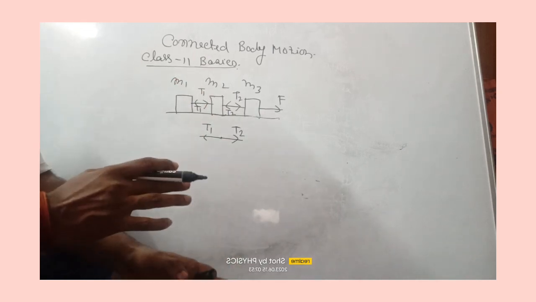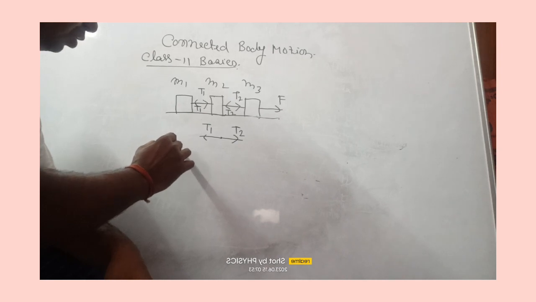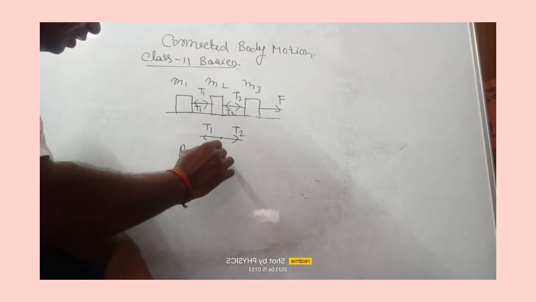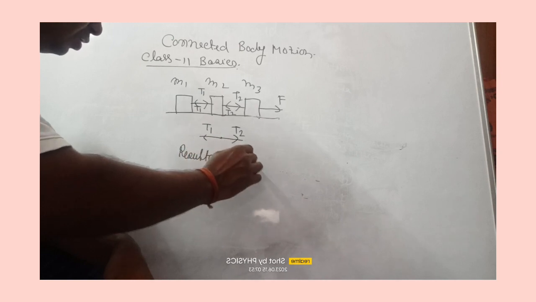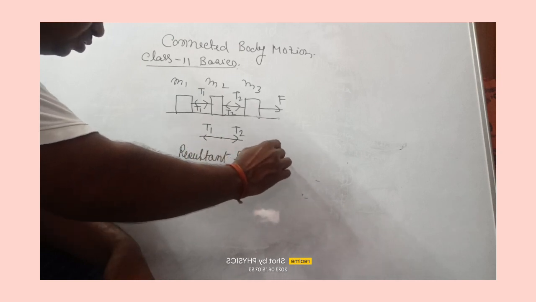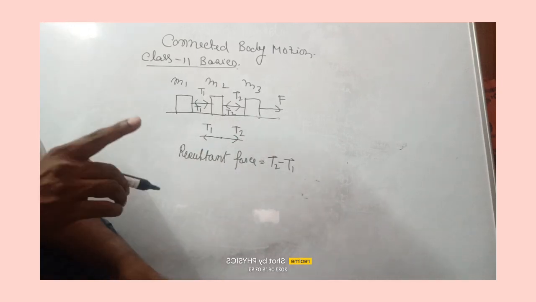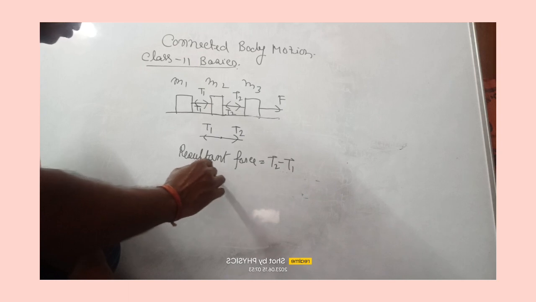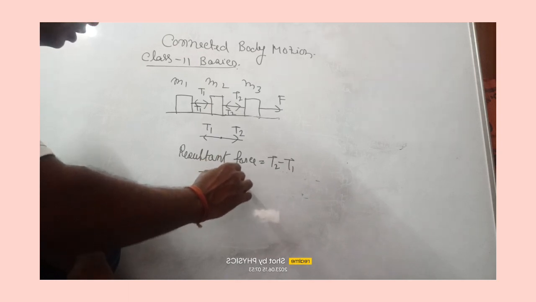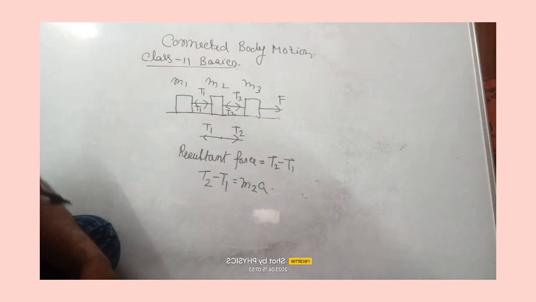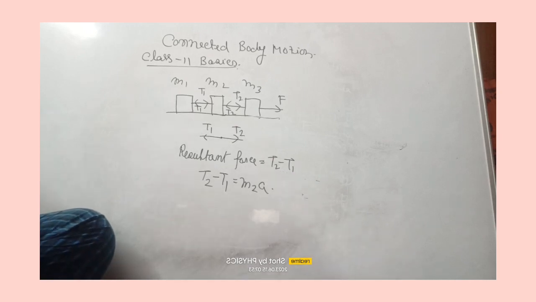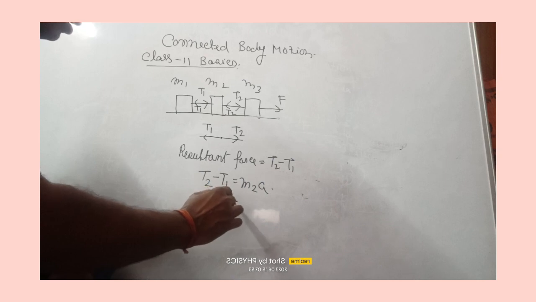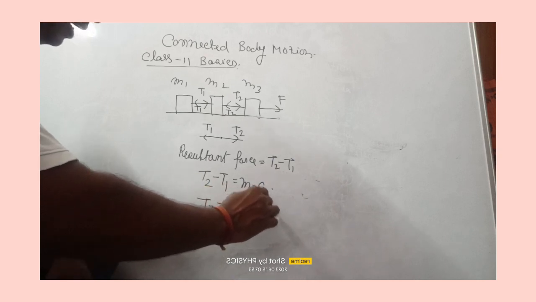They are in opposite directions. So the resultant force is T2 minus T1. Now from Newton's laws of motion, T2 minus T1 is equal to m2a. Now here T2 is equal to T1 plus m2a.